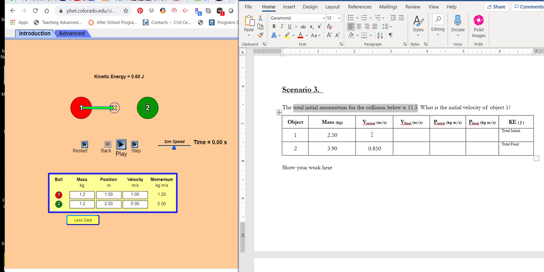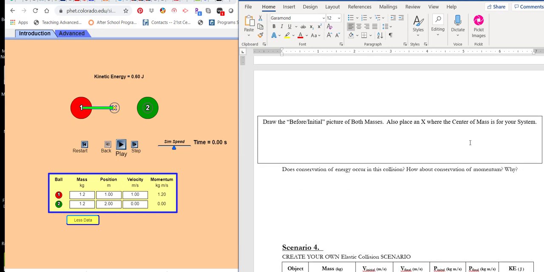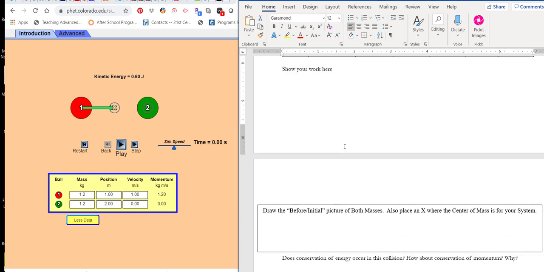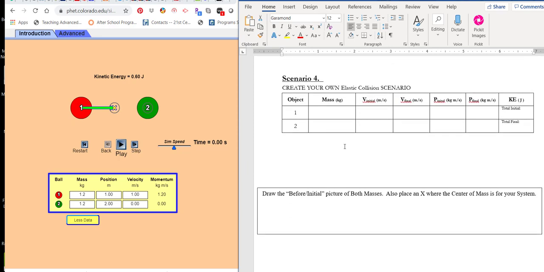So what should the initial velocity of mass 1 be to make that happen? That's what it's asking you to figure out here. Same things here, show your work and show your before and after pictures, since these masses are different. Scenario 4, I'm just asking you to create your own little scenario and just be creative, right? And answer the same questions.